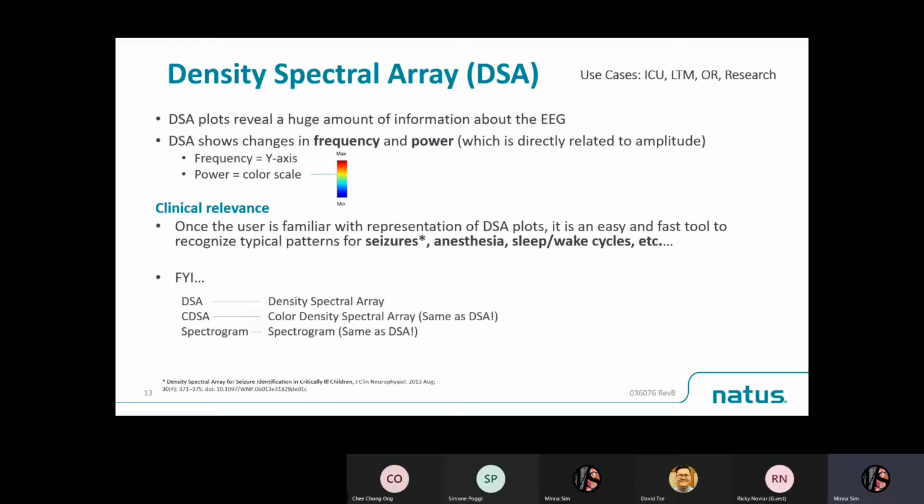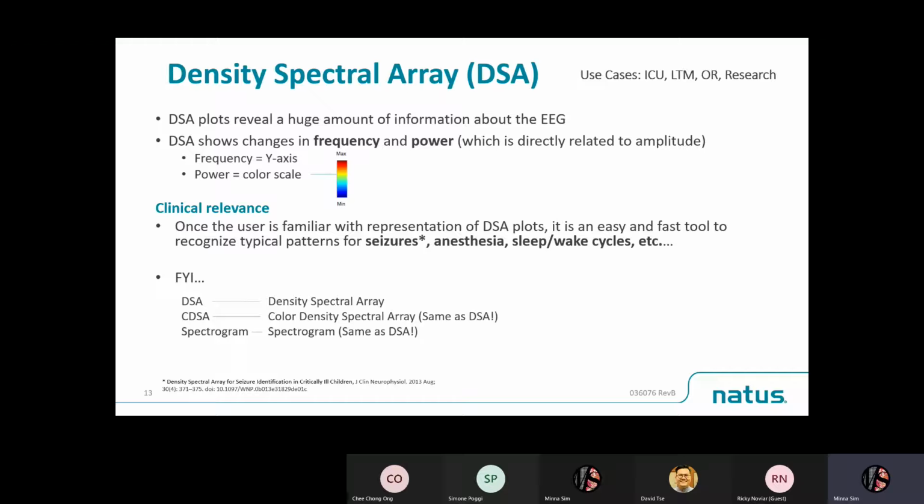The first trend we'll be discussing is DSA. DSA displays changes in frequency and power. This is related to the amplitude changes. DSA can be used in patients undergoing general anesthesia to monitor the depth of anesthesia.